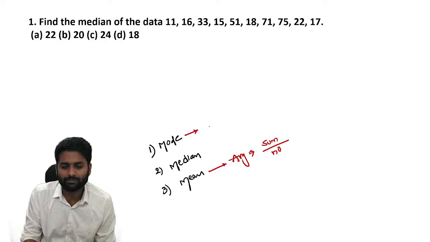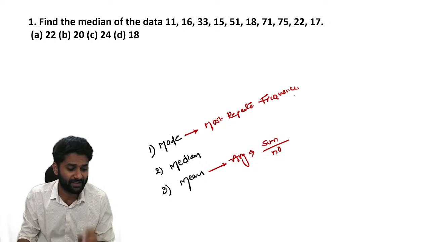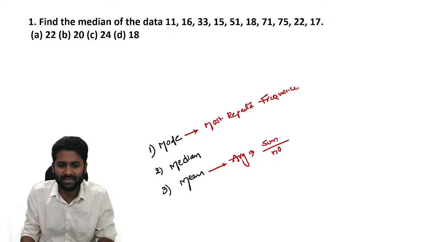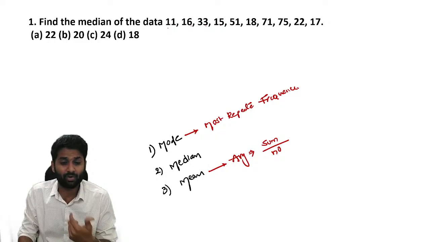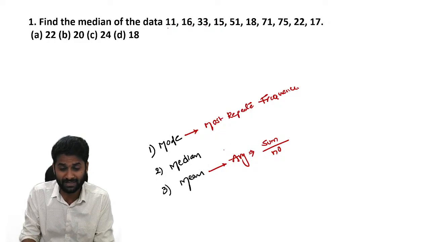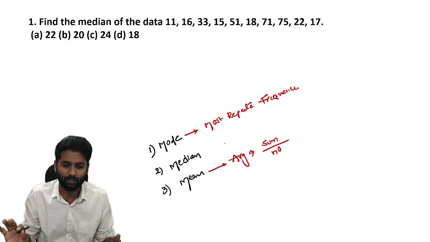What about mode? Most repeated frequency. Guys, it's all about the most repeated frequency. If you observe 11, 16, 33, 15, 51, 18, if any number is repeated, either twice or more than twice, it's the most repeated frequency. If any number is repeated most in the given series, that's the mode concept.